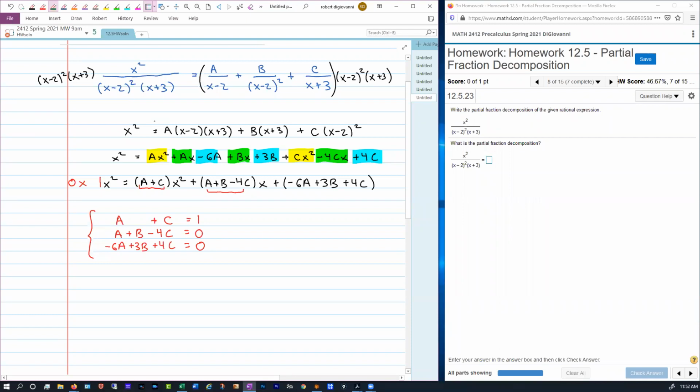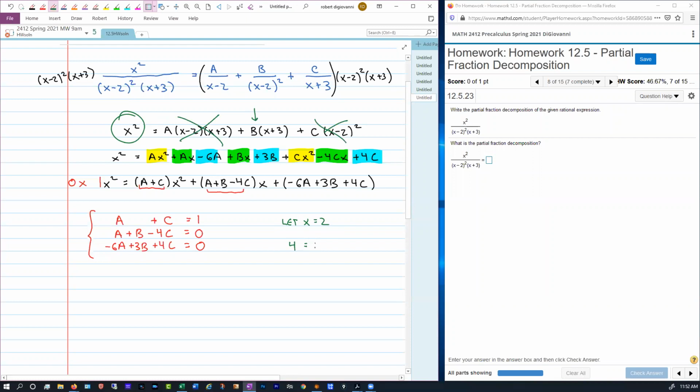Let's try and get one of these. I think I can get B by letting X be 2. All right, so let's try that. Let's let X be 2. And if I do that, the left side, that X squared becomes 2 squared, that's 4 equals. Now we know that this one goes away. We know that one goes away.